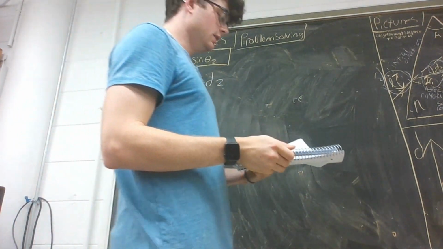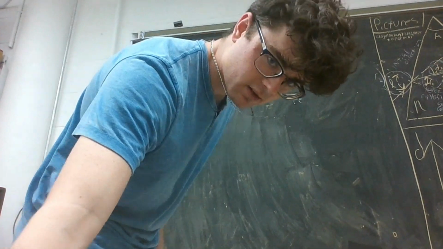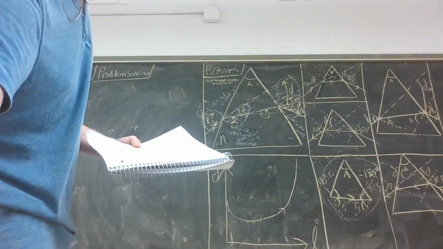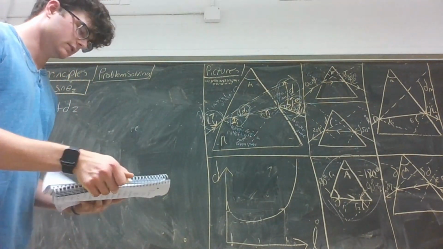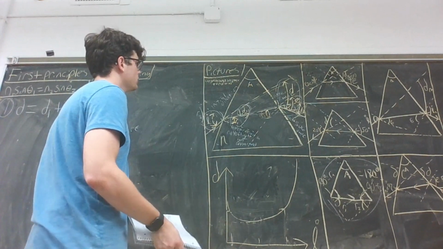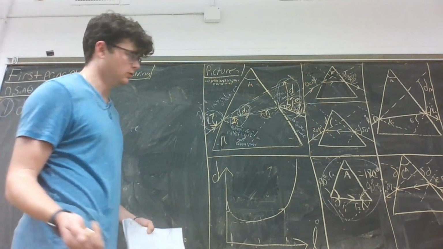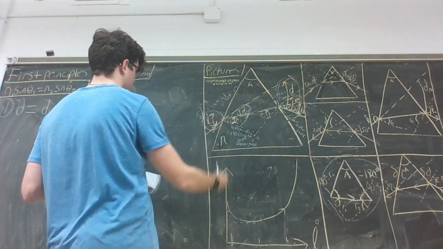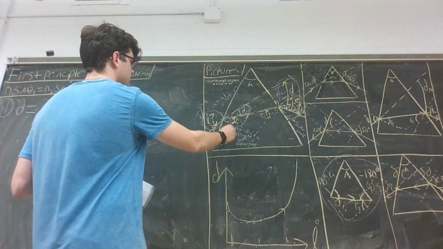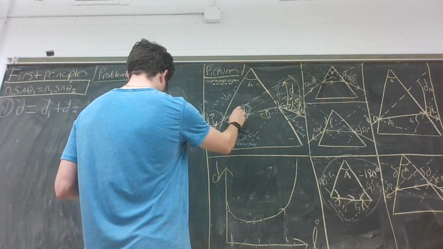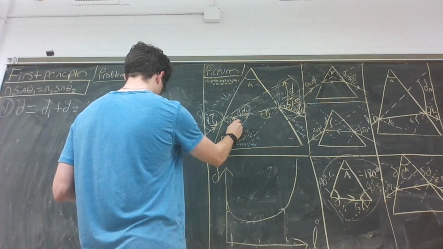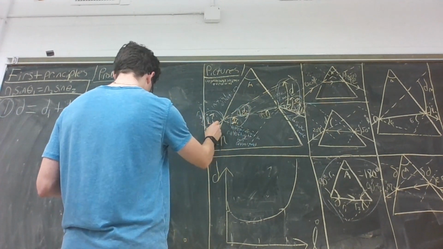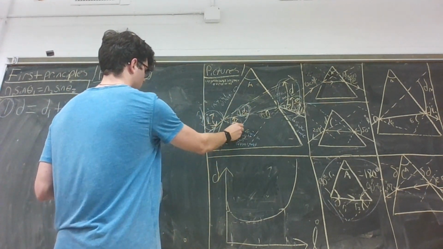Because the angle of incidence composes D1 and R1, and the angles are always with respect to the normal, and we're assuming this way is positive and this way is negative, D1 right here is equal to I minus R1.